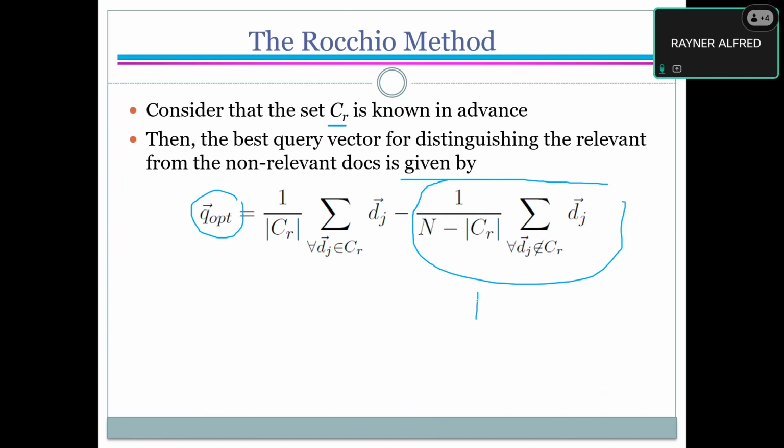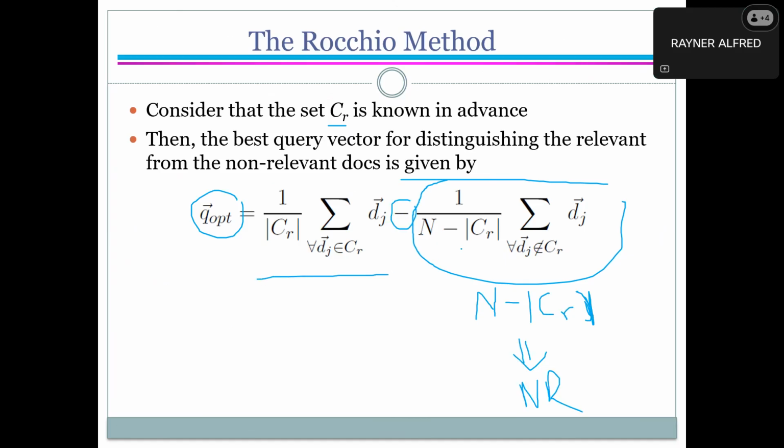So when you have all the documents that you have minus the relevant documents, the remaining ones will be the non-relevant documents. So this is the relevant document minus the non-relevant document that we have.